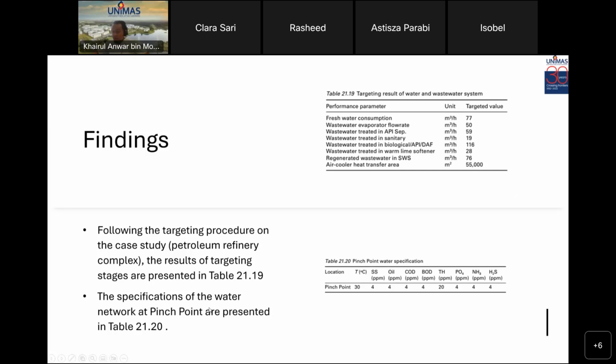The specification of the water network at pinch point is represented in table 21.20. So the pinch point for this case study is at 30 degrees C. Suspended solid is 4 ppm and so on.